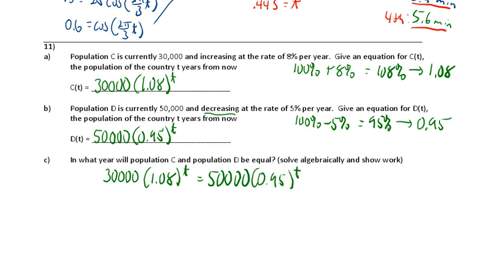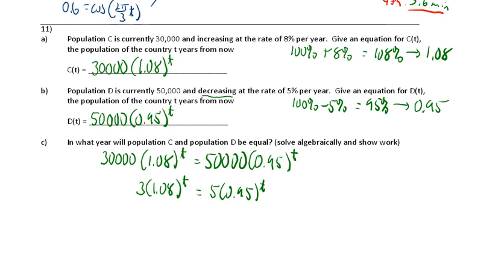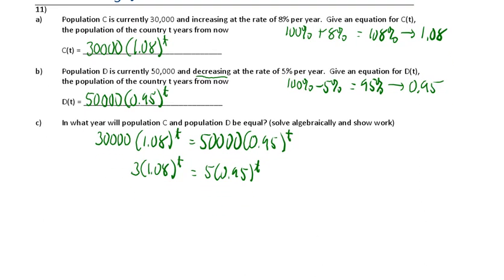Let's divide both sides by 10,000 and make this easier to look at. And does anybody remember how to handle a situation like this? Do we want to take the log of both sides now? When you're finding an exponent, you generally want to use logarithms. Do I want to take the log of both sides now, or is there a better way to do it?